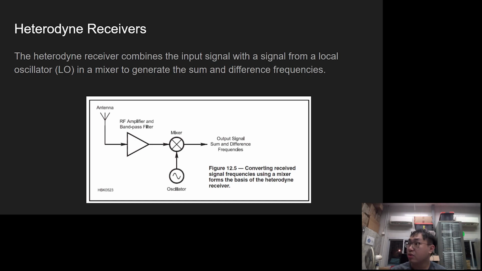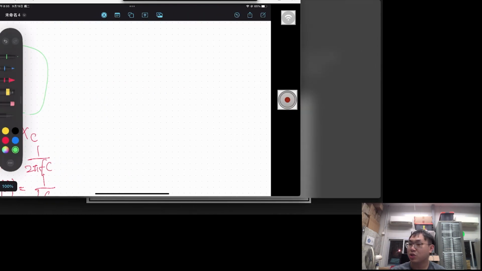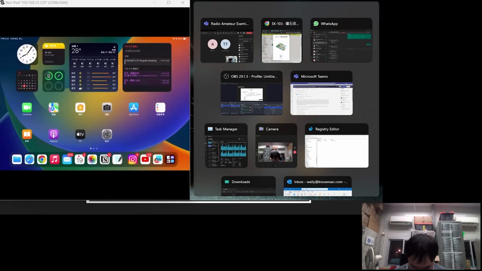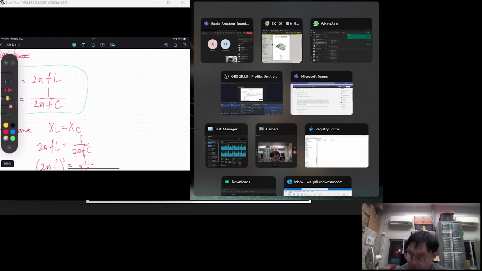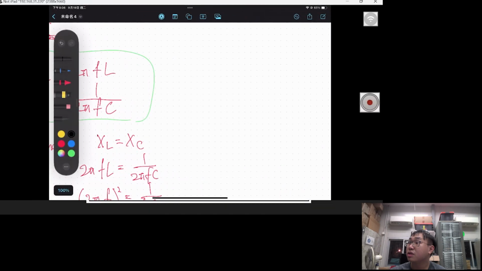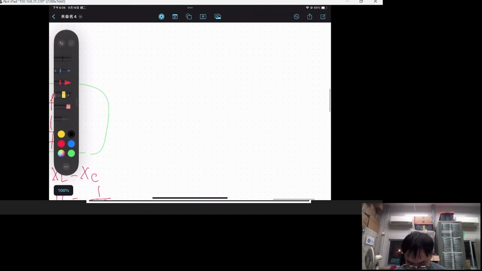So I really don't find any good illustration here. Sometimes I really enjoy chalk and talk. Let me do a chalk and talk once again. So when we have a mixer here, we will have a local oscillator.